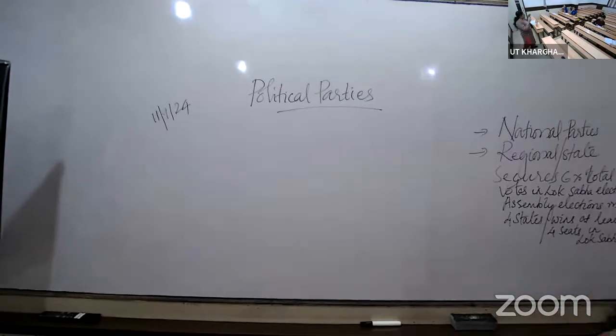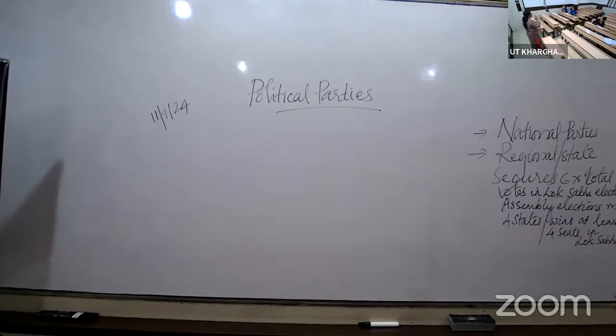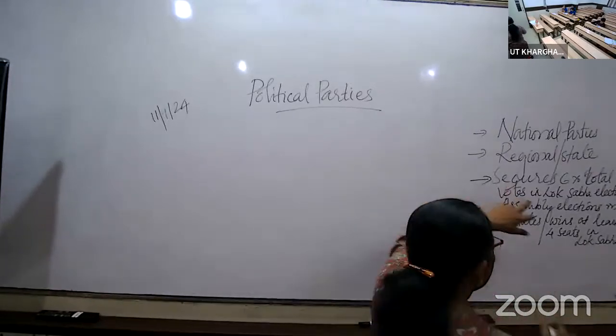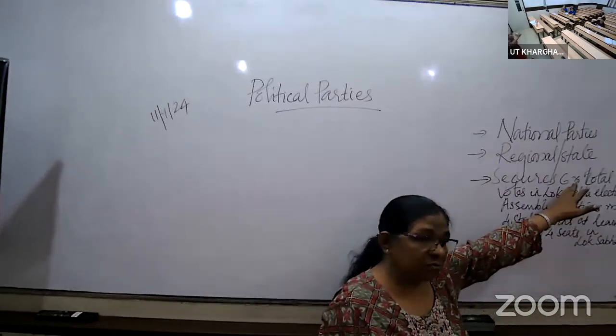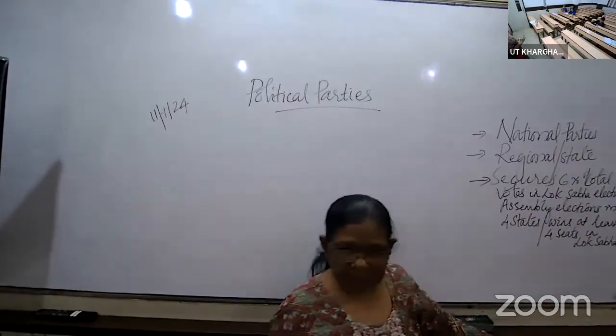Studying on what condition a party can be declared as a national party. First condition is that it secures at least 6% of votes cast in the Lok Sabha election.